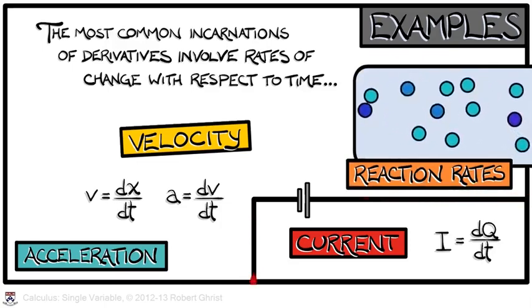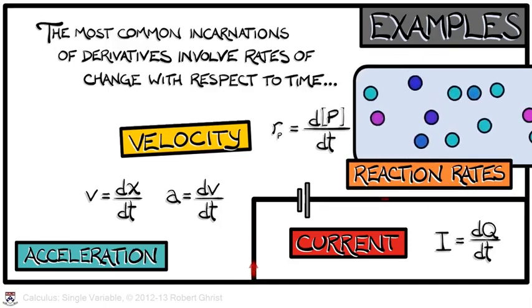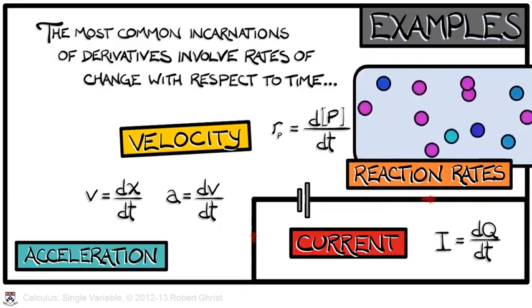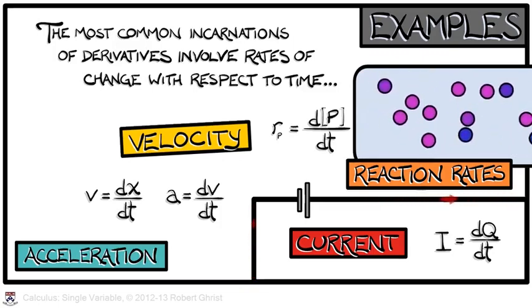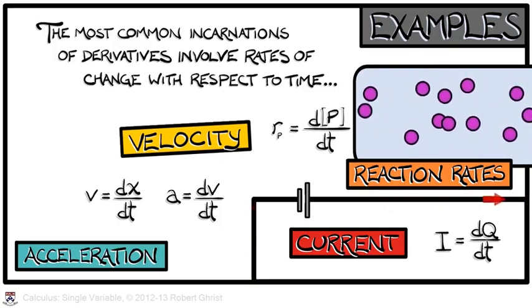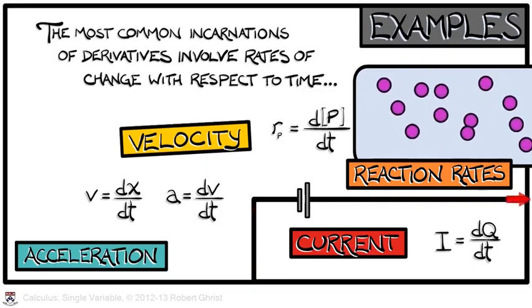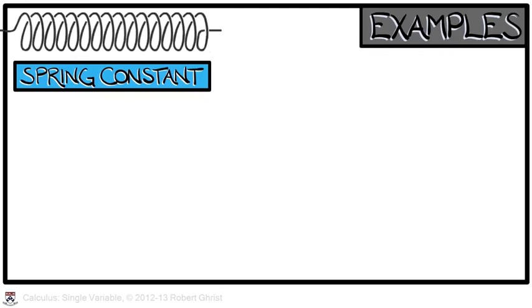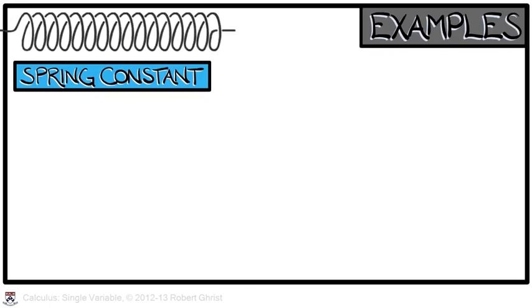In chemistry, if you look at reaction rates in a chemical reaction, these are defined as the derivative of, say, a concentration of a product or a reactant with respect to time. There are many other examples of derivatives that are not necessarily rates of change with respect to time.